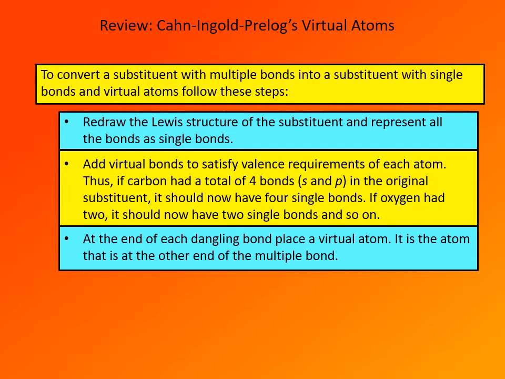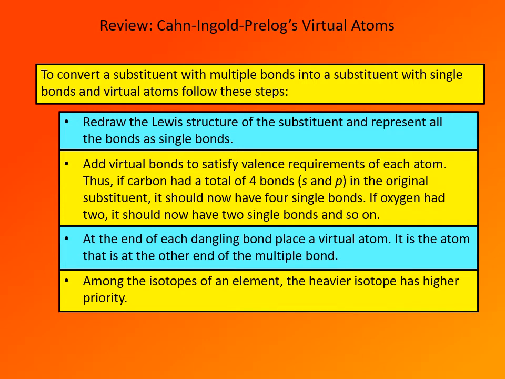So at the end of each dangling bond, place a virtual atom. It's the atom that is at the other end of the multiple bond. And finally, this is not necessarily related to virtual atoms. Among the isotopes of an element, the heavier isotope has higher priority. Obviously, isotopes have the same atomic number, so the heavier isotope has higher priority.